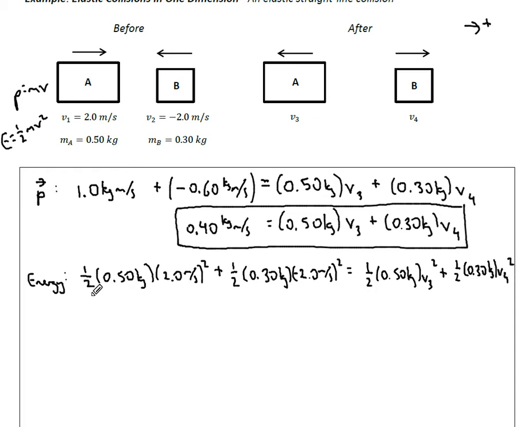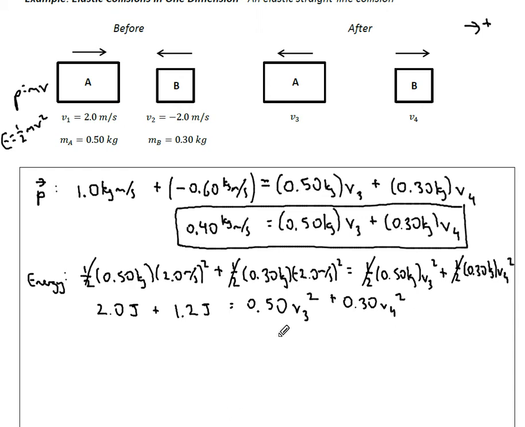So some numbers are going to cancel. First of all, the halves all just cancel out because there's a half in every single term. We can see that 2 squared is 4, half of 4 is 2. So we get 2.0 joules plus 1.2 joules is equal to 0.50 V3 squared plus 0.30 V4 squared.